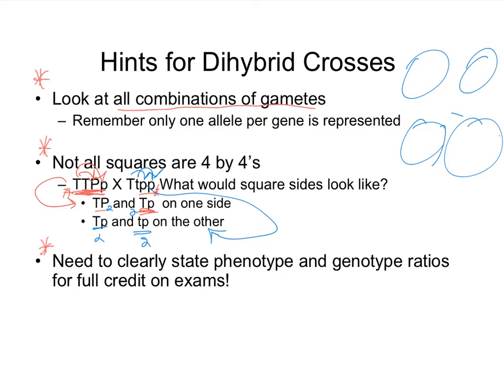This parent can only give you big T, big P, or big T, little p. When it does meiosis, it'll give you 4 gametes that look like this. But these are the same. These two are the same, and these two are the same. And since we're going to reduce the numbers anyways, it doesn't make sense to go ahead and do the crosses with 4x4.